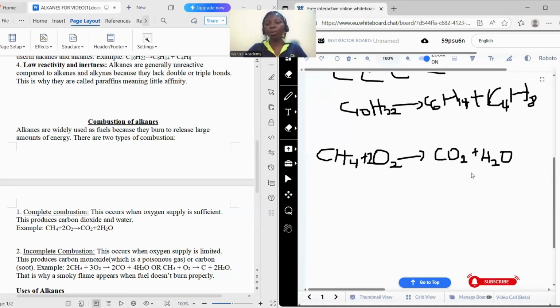So this is an example of an incomplete combustion of alkane: CH4 burning in the presence of limited oxygen would give us carbon monoxide and water.